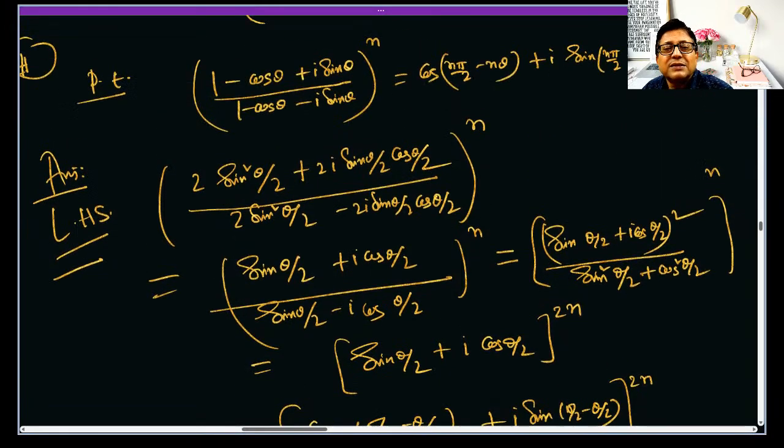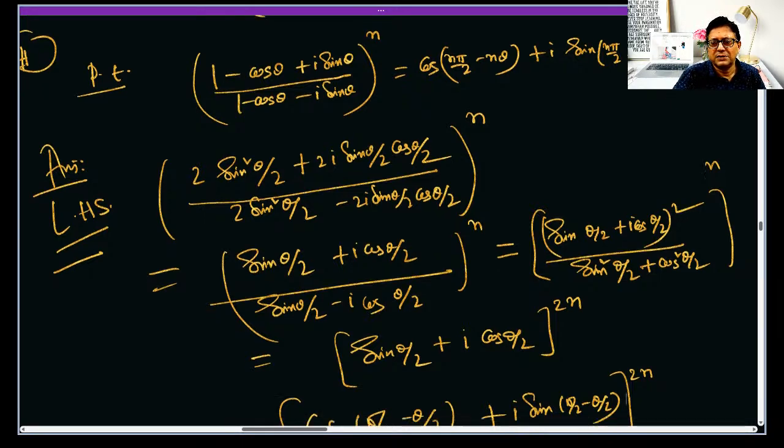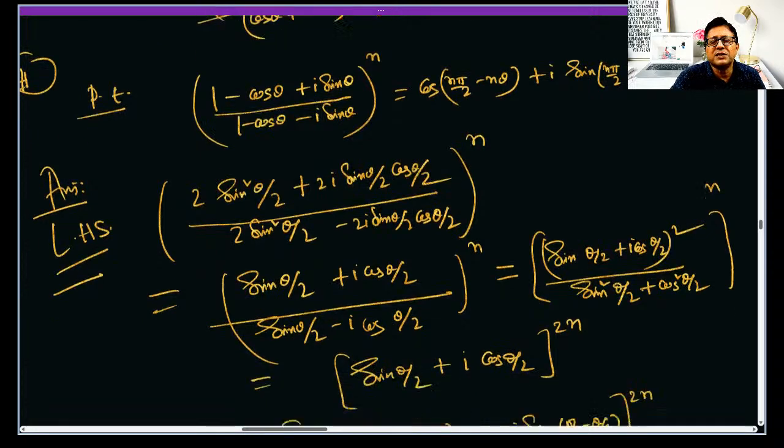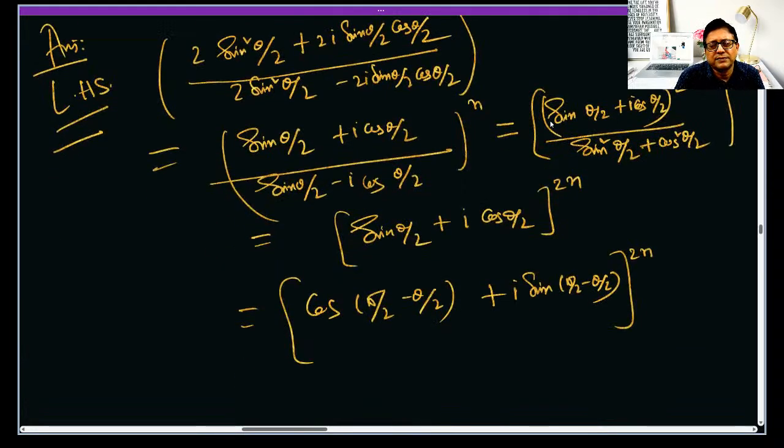Check once whether it is correct or wrong. Sine theta by 2. Yes, it is there. Just check whether it's coming this way or not. The thing you are going to prove, no? Just check.